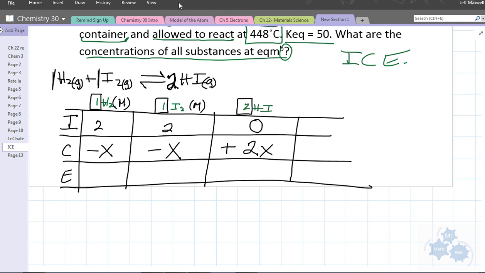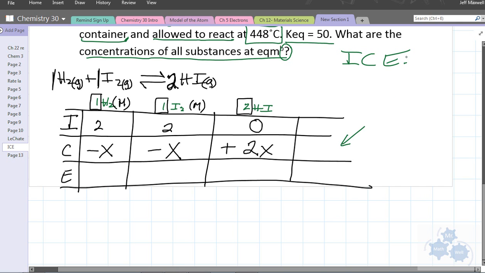So in here, I'll just make a little note here, okay? Use molar ratios for these numbers right here. 1, 1, 2. Okay, they come from 1, 1, 2. So once again, we start off with 2 moles each, and as they react, they're going to react at a 1-to-1 ratio with each other.